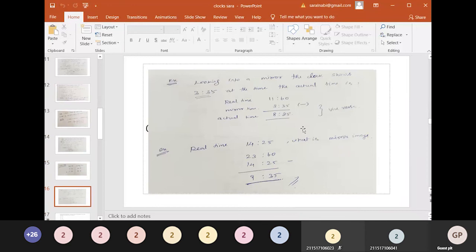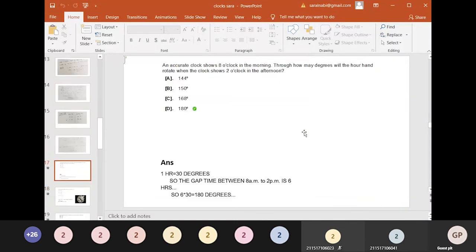So the answer is 9:35. So 9:35 is nothing but the mirror image time when the real time is 14:25. By this way we can calculate what is the real time and what is the mirror image time. So these are the four important concepts of clocks, and you can work out all these problems.